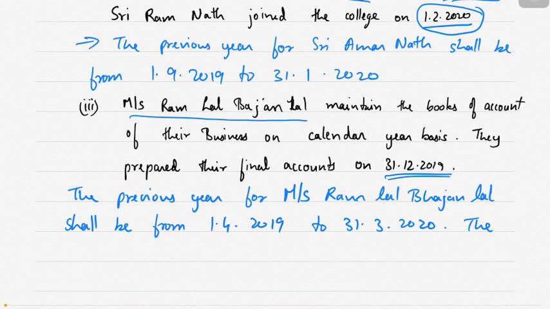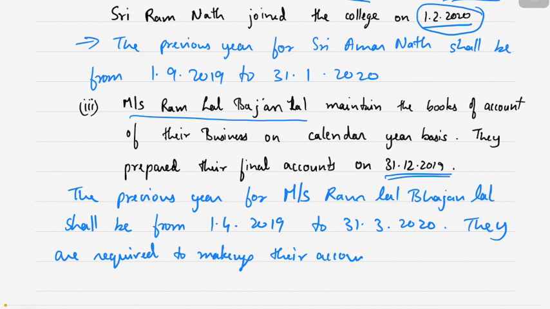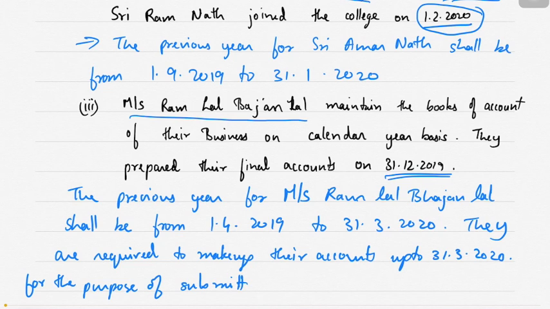So, write, they are required to make up their accounts up to 31st March 2020 for the purpose of submitting the return of income. Okay.